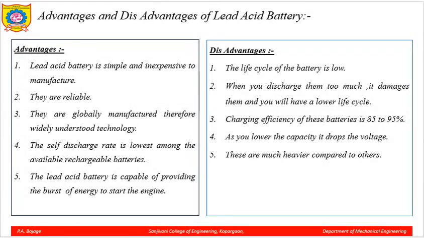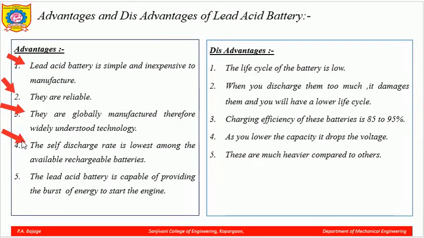Advantages and disadvantages of lead acid battery. Advantages first: the lead acid battery is simple and inexpensive to manufacture. It is reliable. They are globally manufactured, therefore widely understood, so the technology is quite widely adapted.